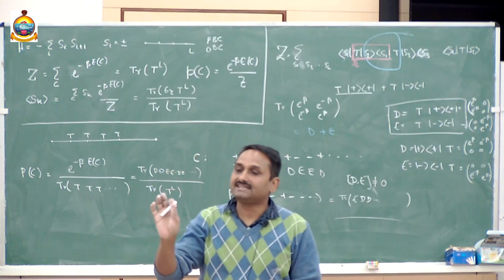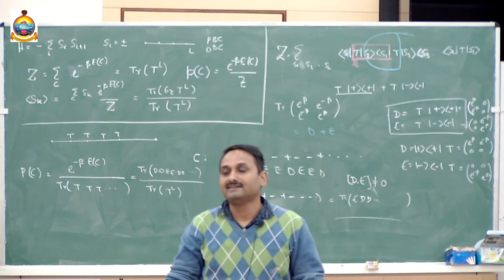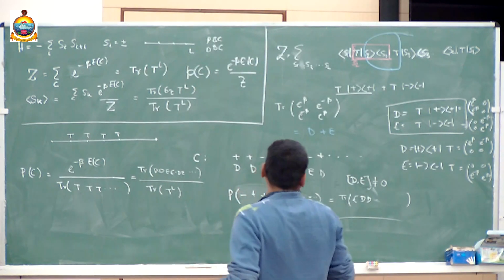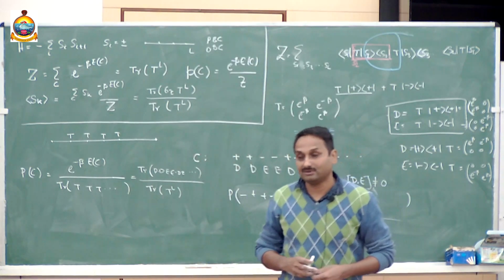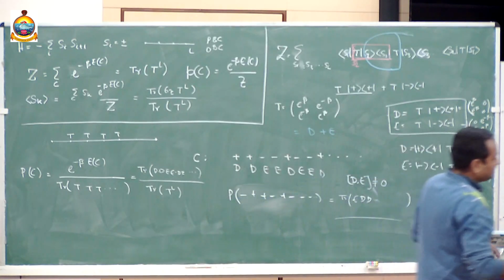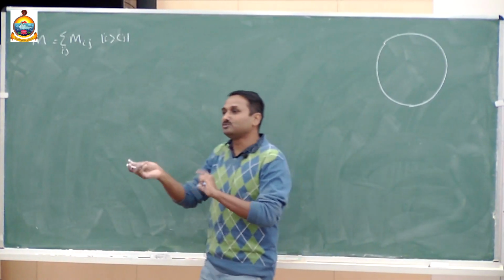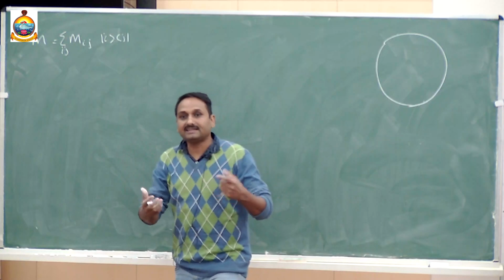There are some problems where the problem is simpler. For example, instead of the Ising model, I take a model which is just simple particles on a box. These are the sides, and there are particles which are just moving left, right. Or there are many particles, like random walkers.